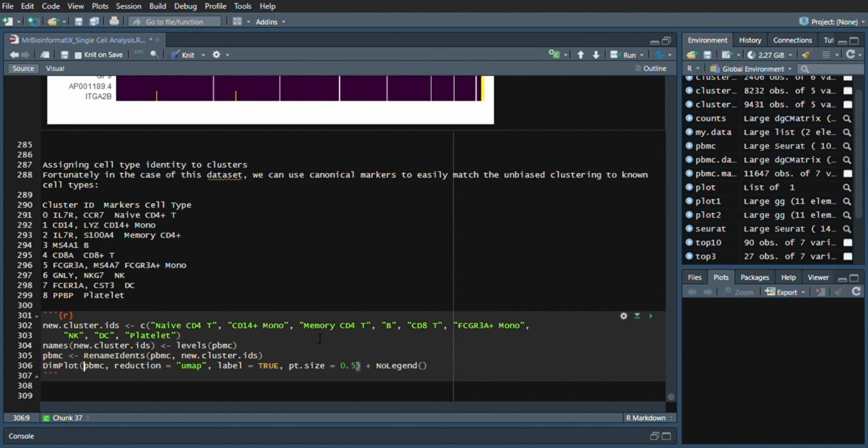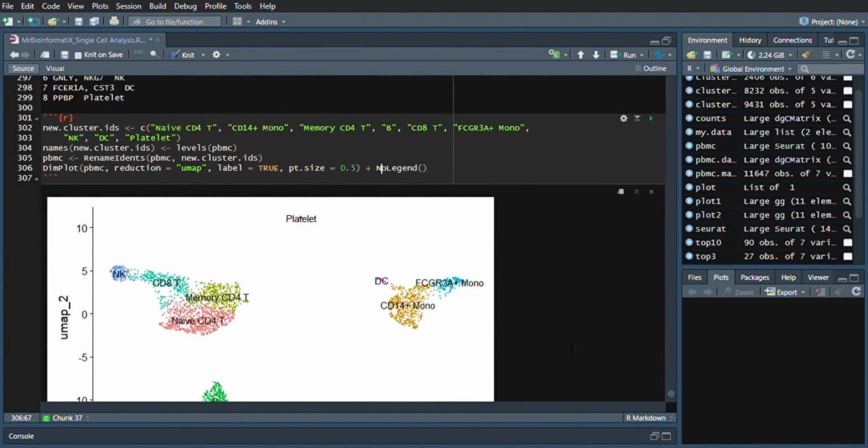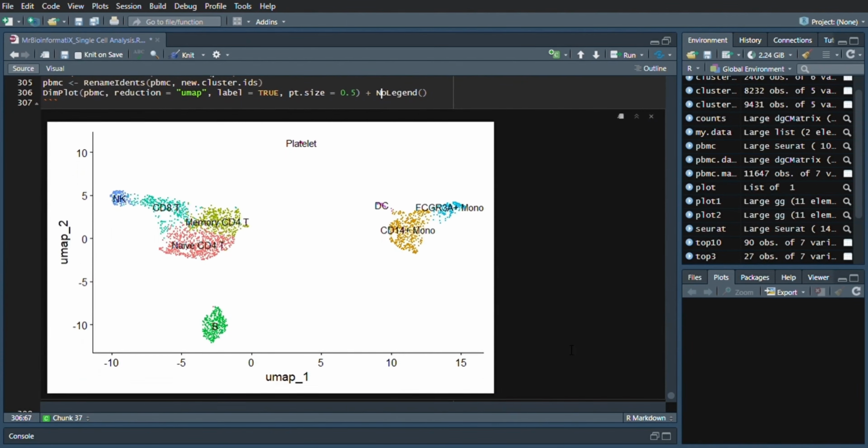We put pbmc, reduction UMAP, and label equal TRUE, and we set pt.size to 0.5, plus NoLegend. Let's run our code. And here we have it.